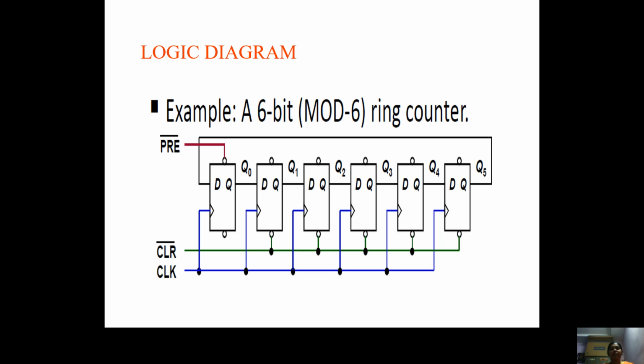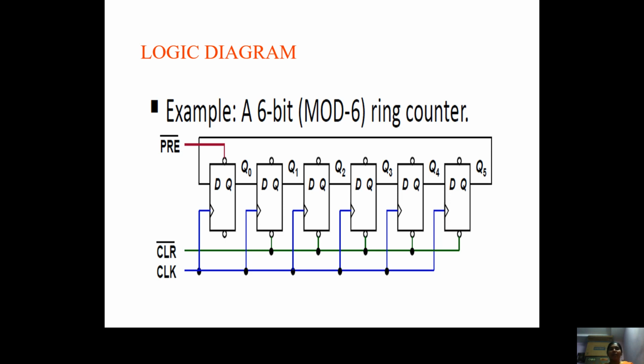This is the design of the 6-bit mod 6 ring counter, where we have taken 6 D flip-flops, and the feedback is provided from the last stage to the first stage. The same output is shifted after each clock pulse, and since the clock is provided to all flip-flops at the same time, this is also known as a synchronous counter. Clear input is applied to the second, third, fourth, fifth and sixth flip-flops, such that they are at 0 at the occurrence of the first clock pulse.